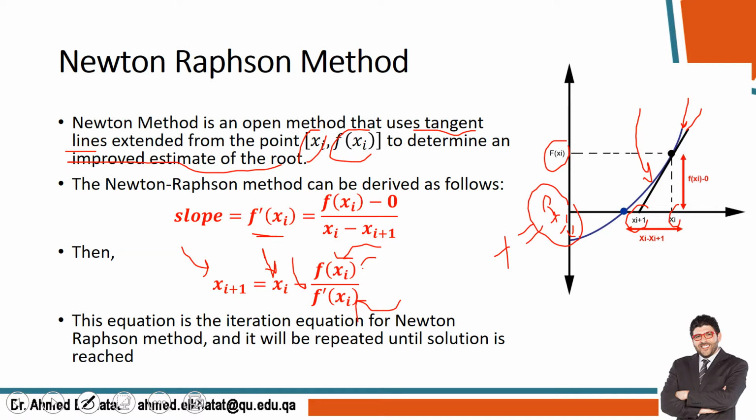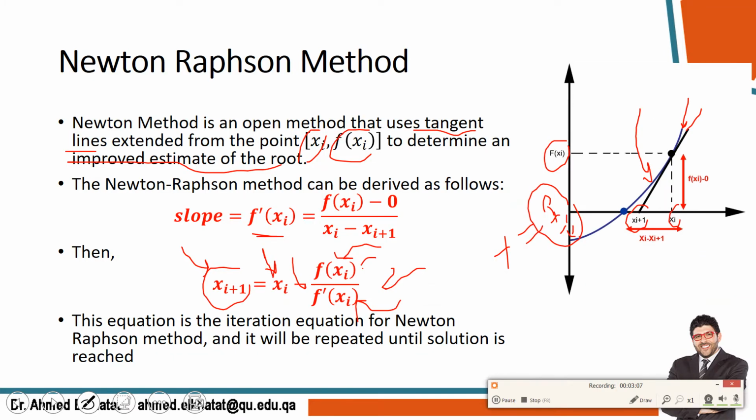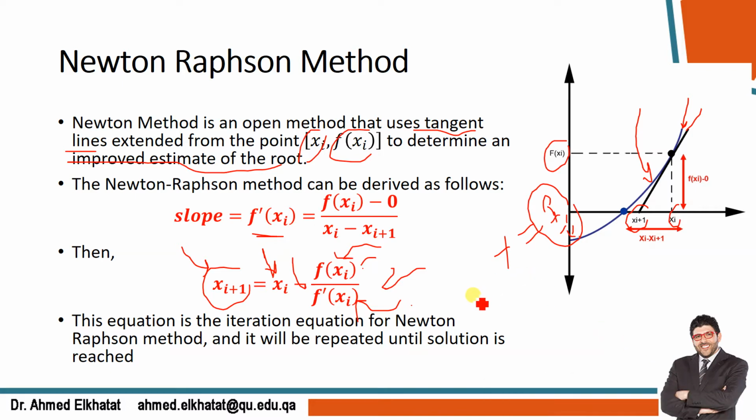Then the new x will be calculated based on this equation to find the improved solution, until I reach the maximum iteration or the maximum error required. Let's go to the next slide.